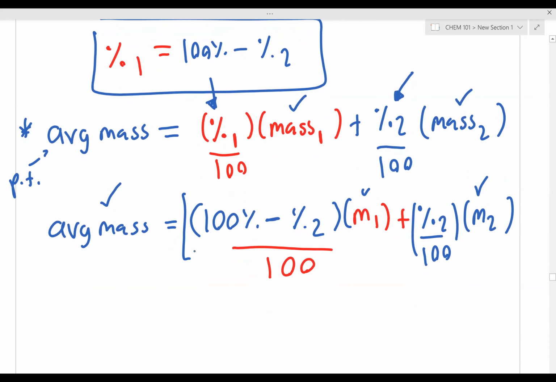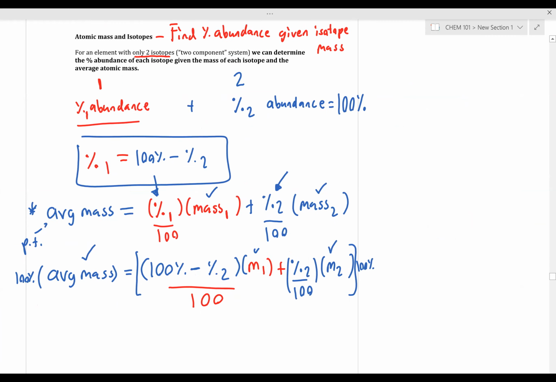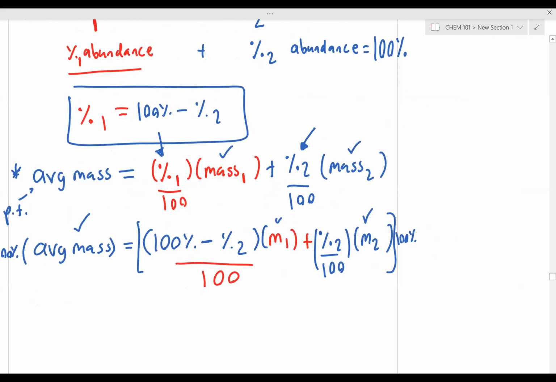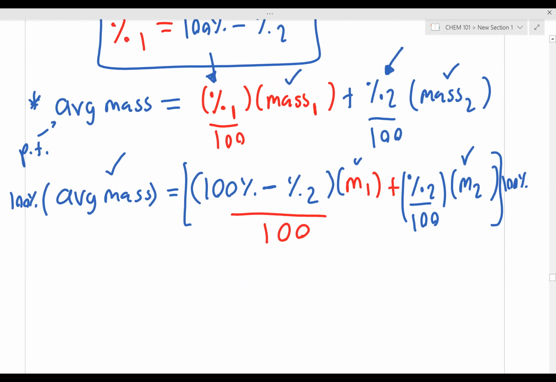So first things first, I'm going to multiply each side by 100%. Okay, so far, so good. Let me zoom in and adjust our view so we can better see this. Okay, perfect. So we have 100 times the average mass, that I'm going to call M average, is equal to 100%.